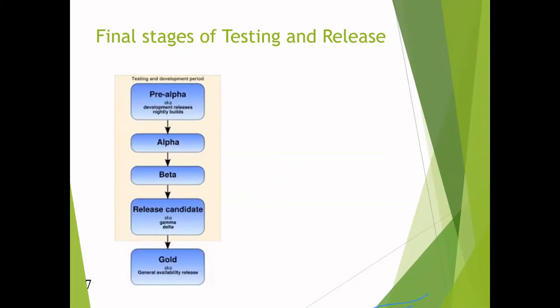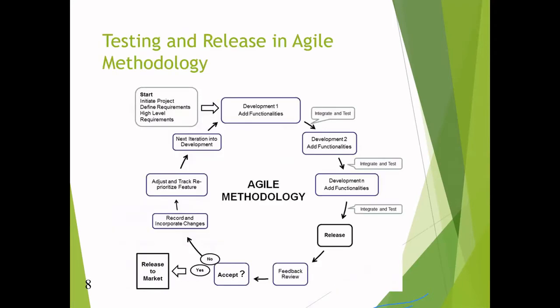Only after that it will be released to the general public, or handed over fully to the customer. So these are like the stages in software deployment. I will not go into details of this.